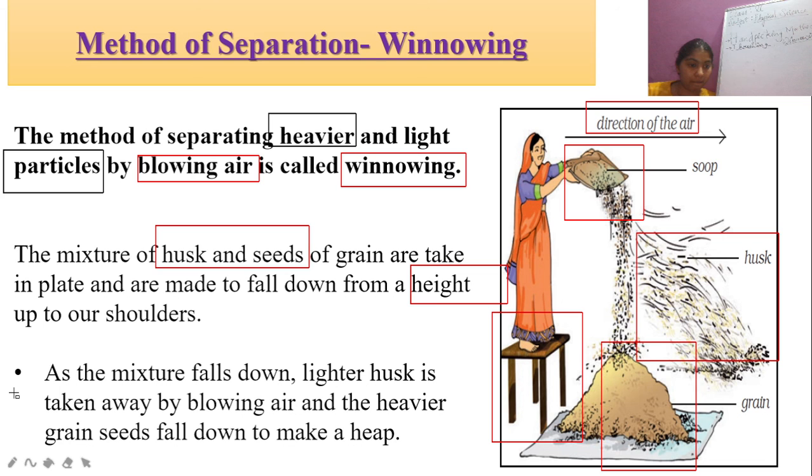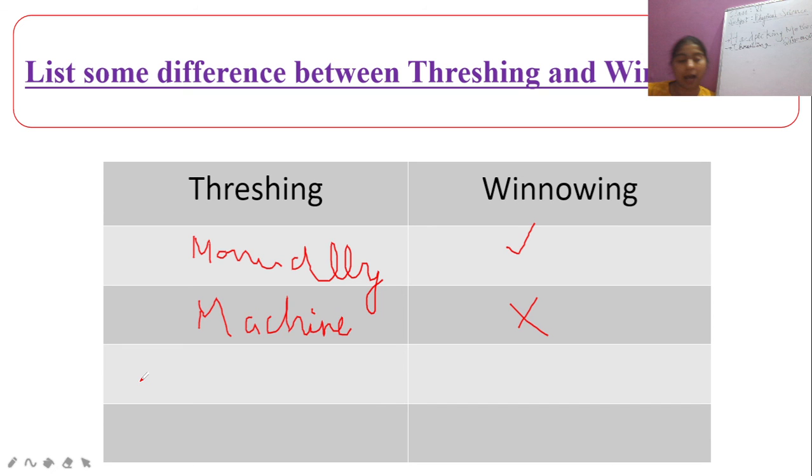But winnowing we cannot do with a machine, we can do it manually. For threshing, we separate the grains from the stalks, right? But winnowing is done before converting these grains to flour. So these are the two different processes we do.